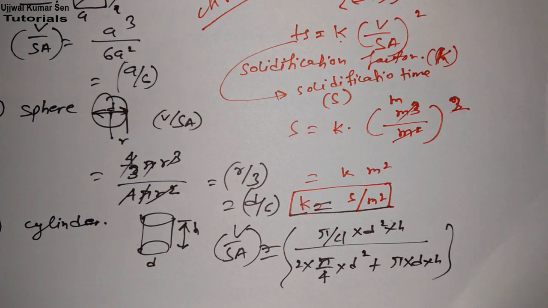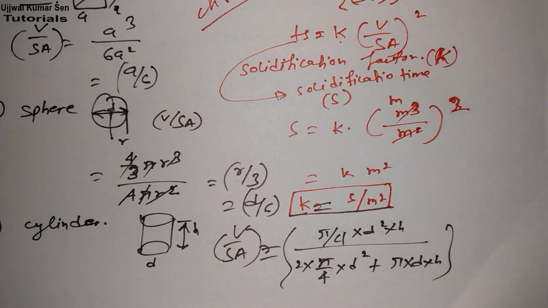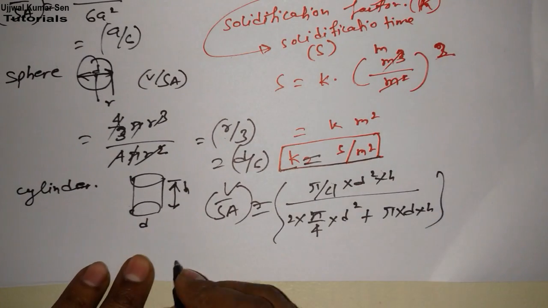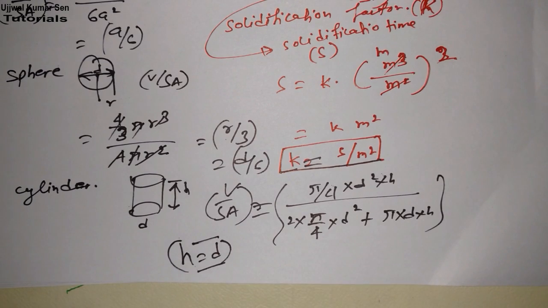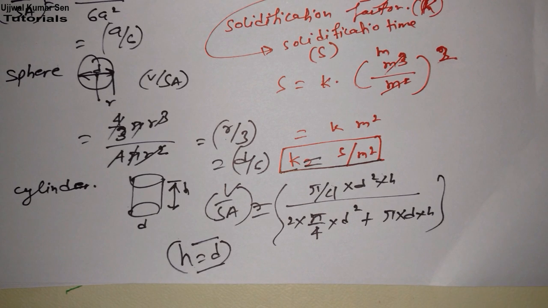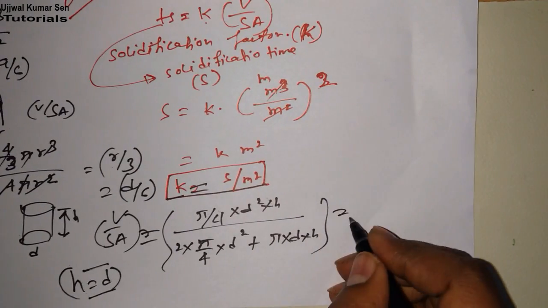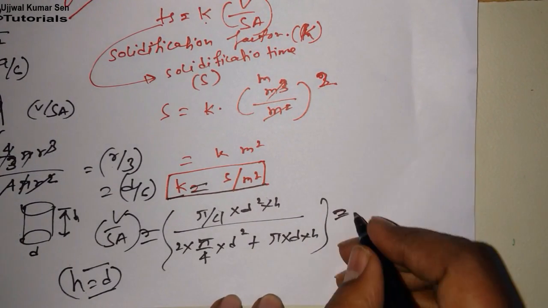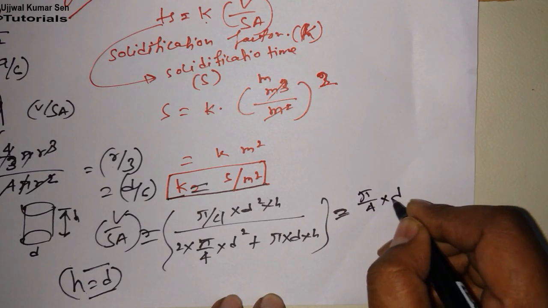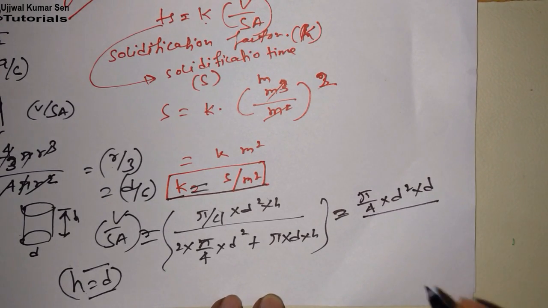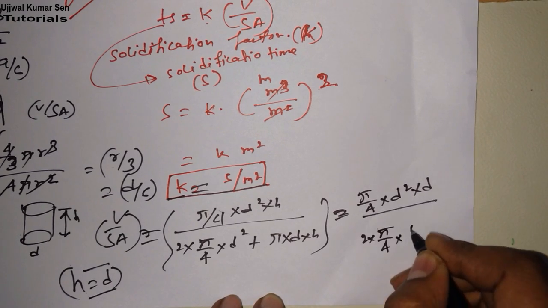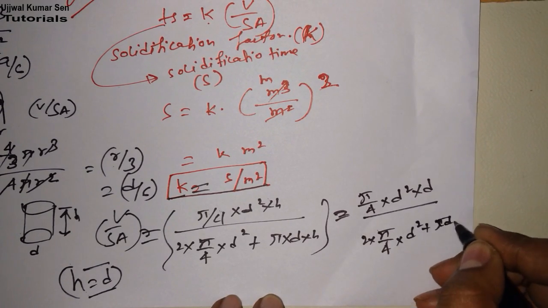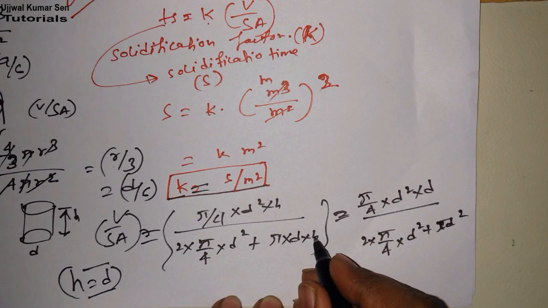This is the formula. Now the most important thing: if we are considering a cylinder whose height is equal to diameter, what would be the value of the volume by surface area ratio? That is interesting, right? Let's put the value and get the answer. Pi by 4 d square into d, divided by 2 into pi by 4 into d square plus pi d square, because h is equal to d.